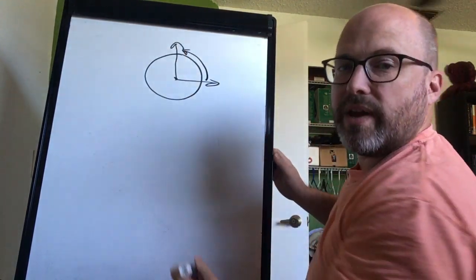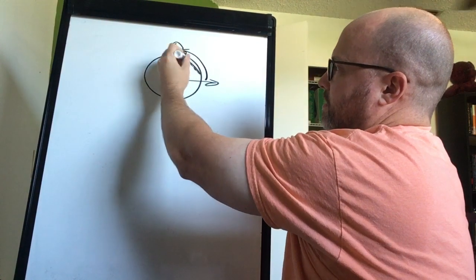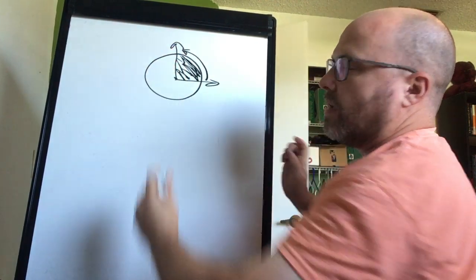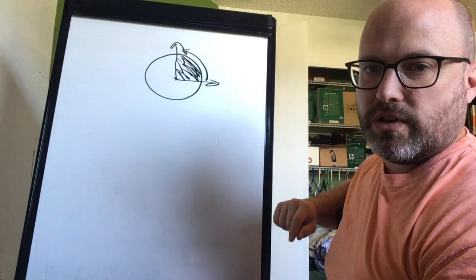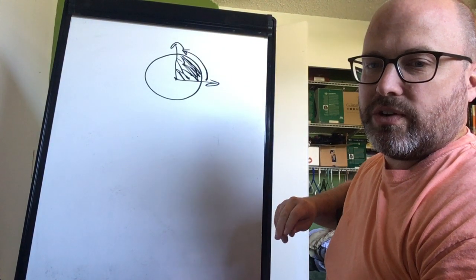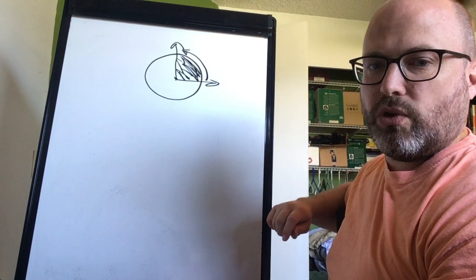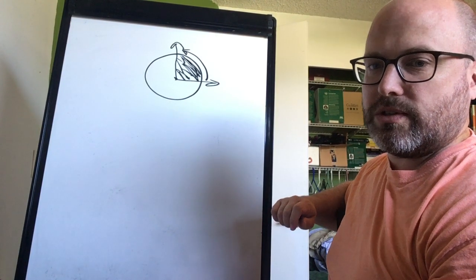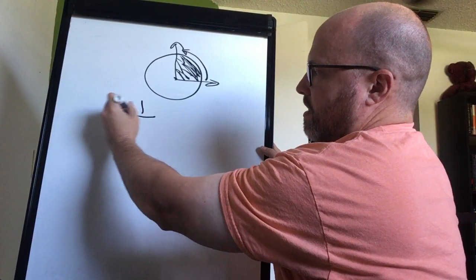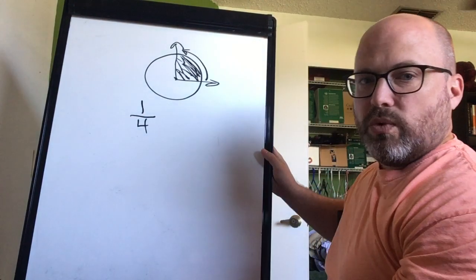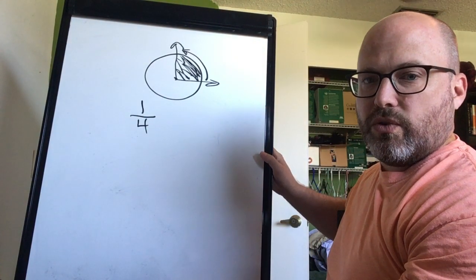Let's say it turned this way. It doesn't really matter which way it turned. But the turn was 1/4 of a circle. Well, the circle has 360ths in an entire turn, or 360 degrees in one full circle. I have an angle that's 1/4 of that, or 1/4 of a turn.